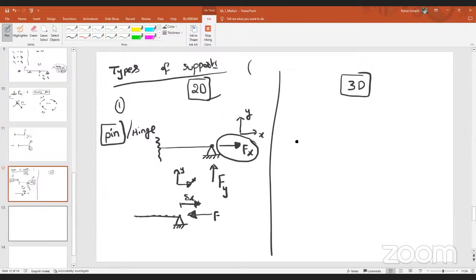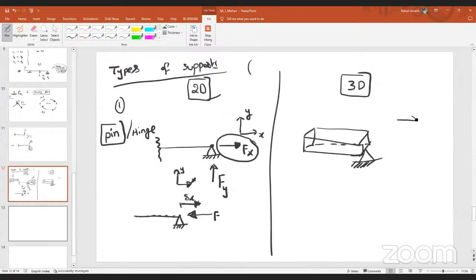Similarly, if I'm talking about a three-dimensional object, let me draw this somewhere. Imagine this is a 3D object. Here also it is a hinge joint. If it is a hinge joint in three-dimensional space, first of all, you have to see in how many directions it will restrict the deflections.